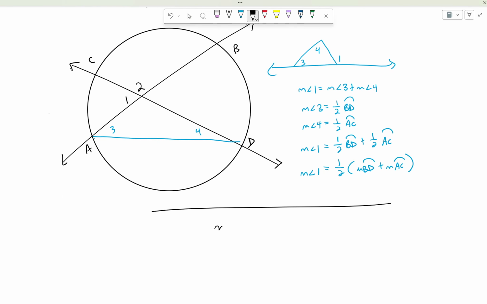The measure of angle 1, as we just detailed, is equal to 1/2 the measure of AC and BD, and the measure of angle 2 is equal to 1/2 of BC and AD.